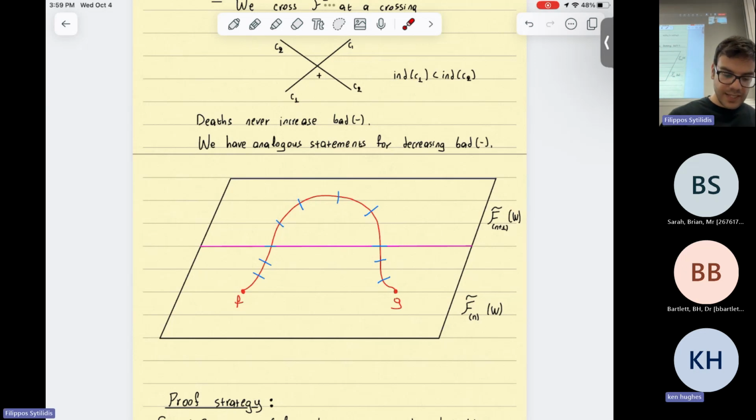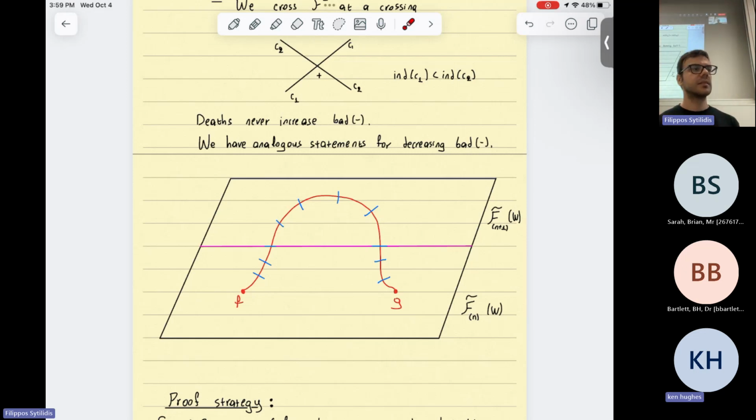The other thing that I'm indicating in this picture is these blue points. This is a surf path, which means that there are finitely many times when you cross an F1 stratum. These blue points indicate those times where I have a Cerf crossing.